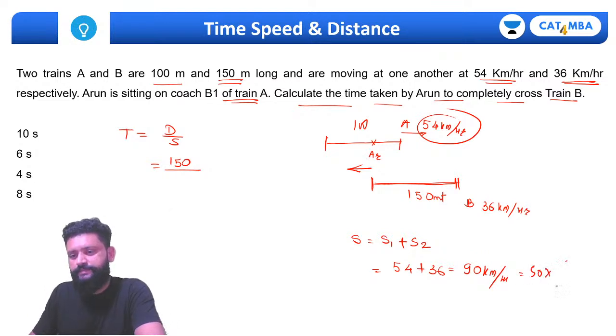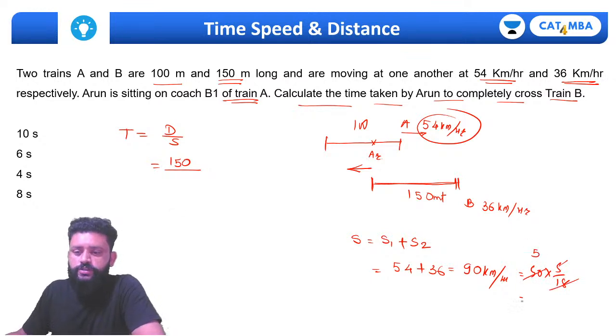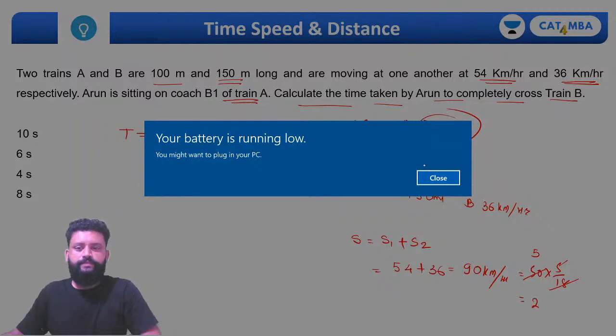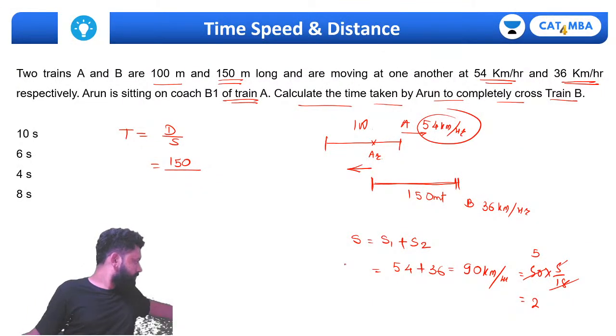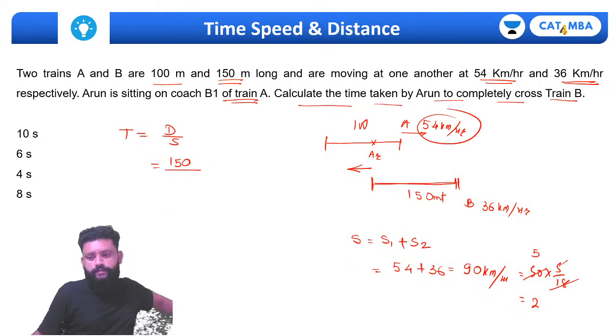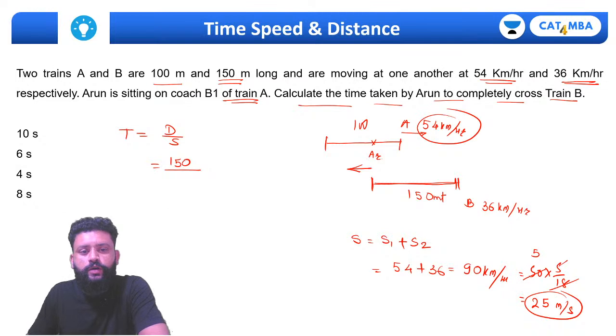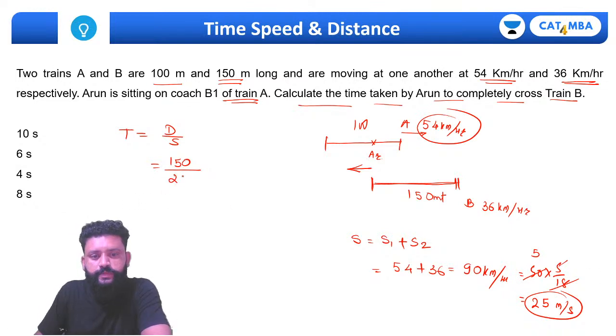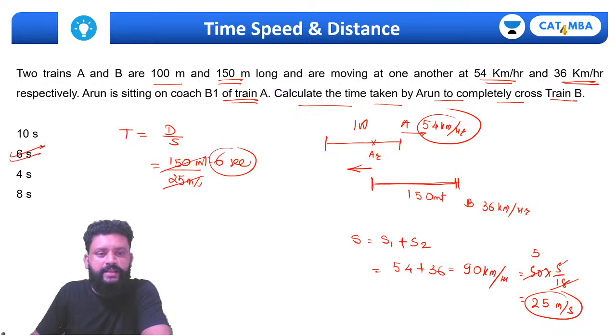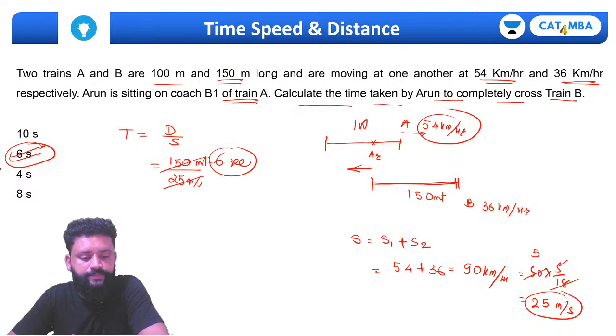That is 90 into 5 by 18, which is 25 meters per second. So 150 meters divided by 25 meters per second comes up to be 6 seconds. Right, so answer option D is the correct answer.